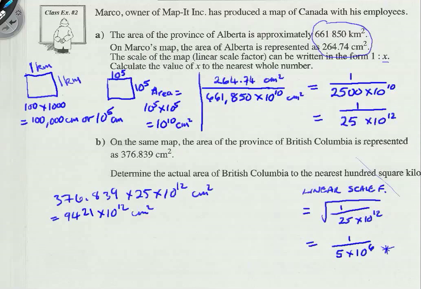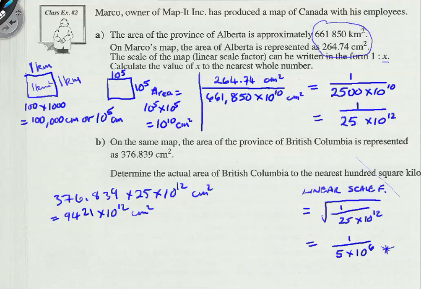But remember, we want to convert this back into reasonable units for land, so square kilometers. Notice, as I mentioned before, that 10 to the 10 square centimeters is equivalent to 1 square kilometer.